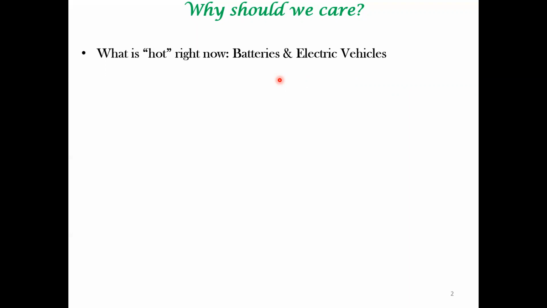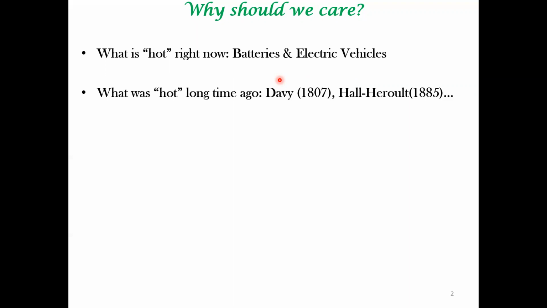While there is a lot of activity in this area, the subject matter of electrochemical science and engineering is not something very recent. It has been around for a long time. For example, if you look at the time scales mentioned here, it is around 1807.